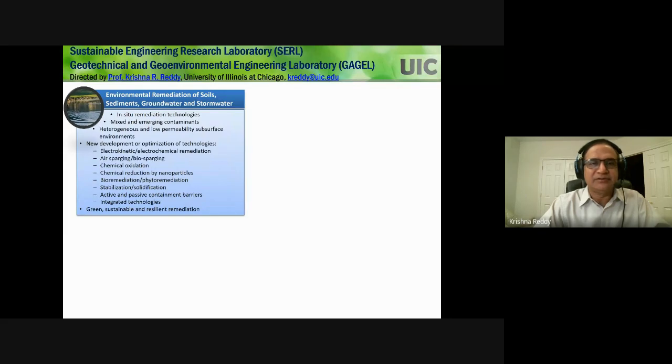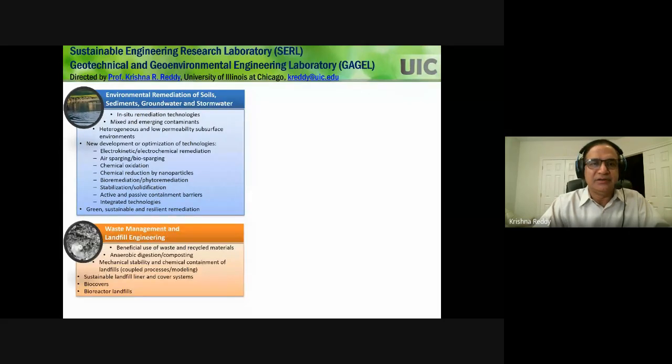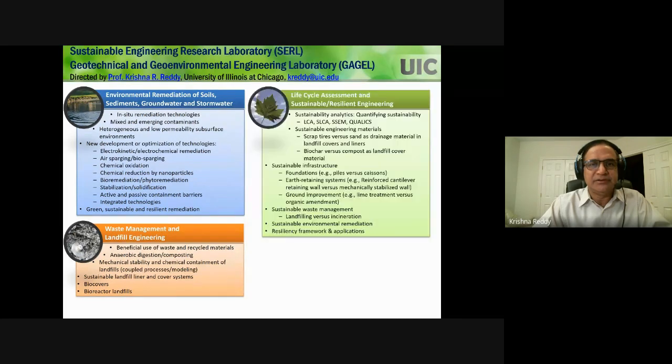The first area is the environmental remediation of soils, sediments, groundwater, and stormwater, so I deal with how to clean up contaminated soils, sediments, groundwater, and stormwater using different technologies. I also deal with waste management and landfill engineering, beneficial use of waste materials, and biological degradation of waste in landfills. I also do research on those things.